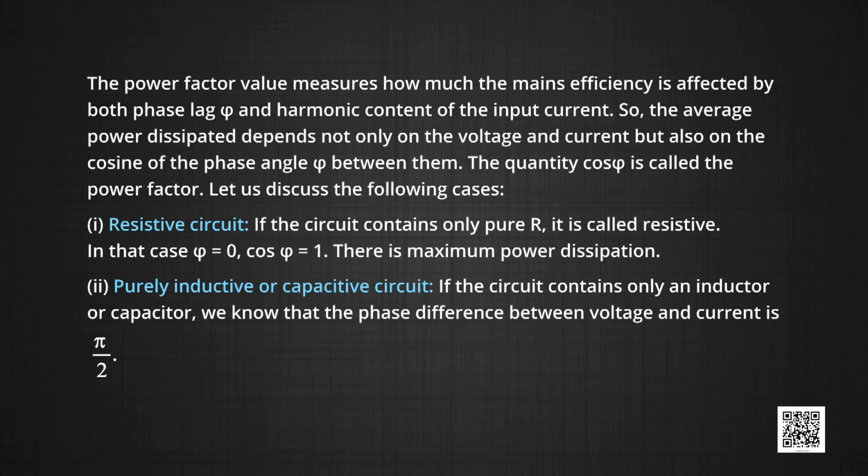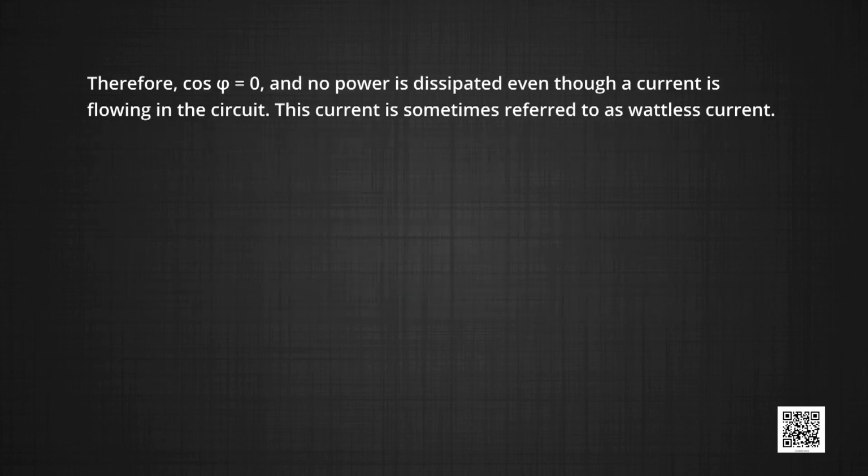If the circuit contains only an inductor or capacitor, we know that the phase difference between voltage and current is pi by 2. Therefore, cos phi is equal to 0, that is, no power dissipation. Even though a current is flowing in the circuit, this current is sometimes referred to as wattless current, and it is very important, we will discuss this later also.